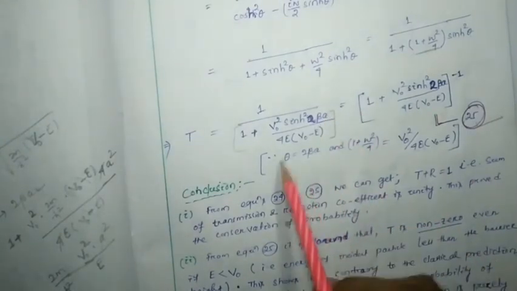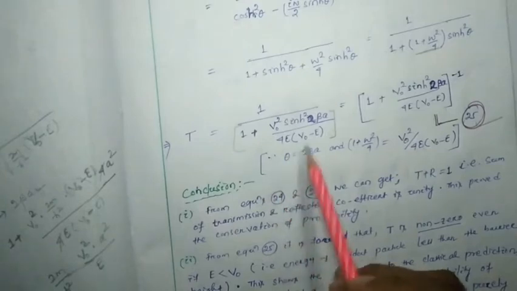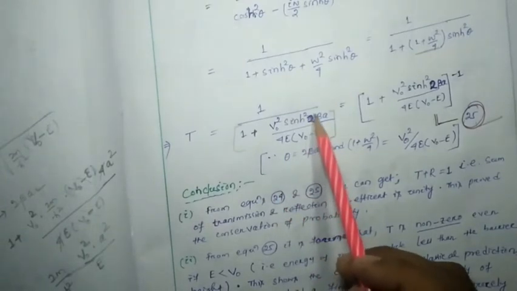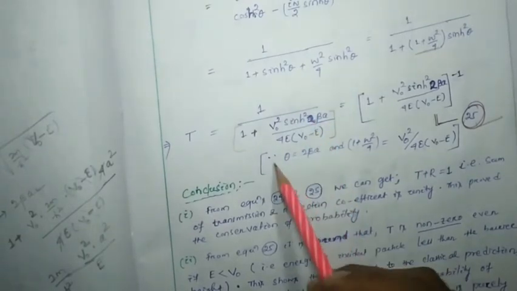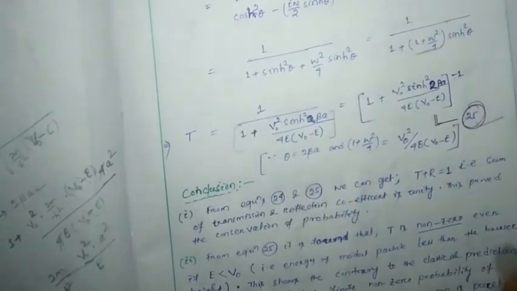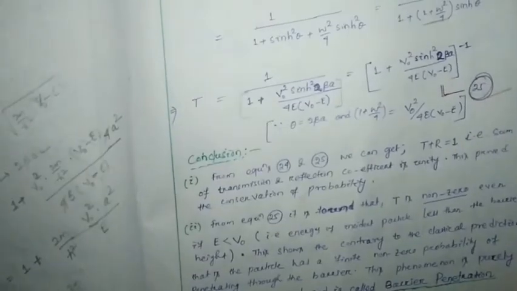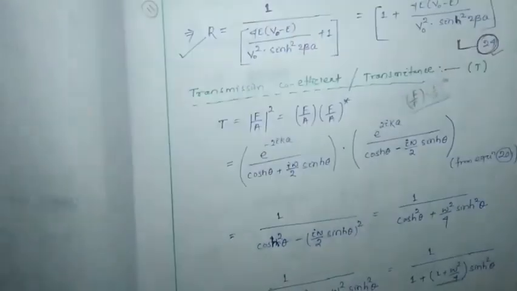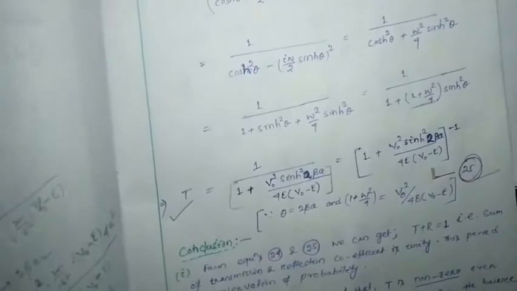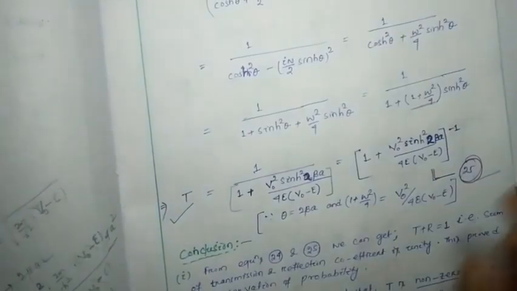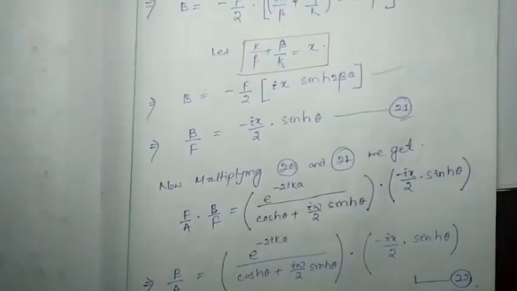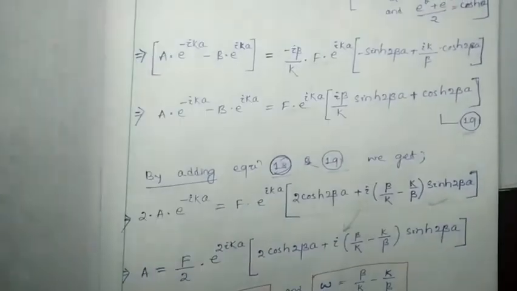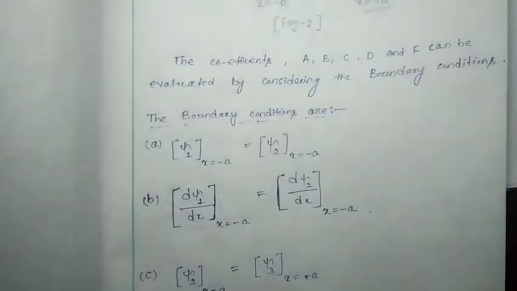Here, instead of theta I wrote 2 beta a, you can also write it so, no problem. So here we found the transmittance and reflectance of the rectangular potential barrier whenever E is less than V0.